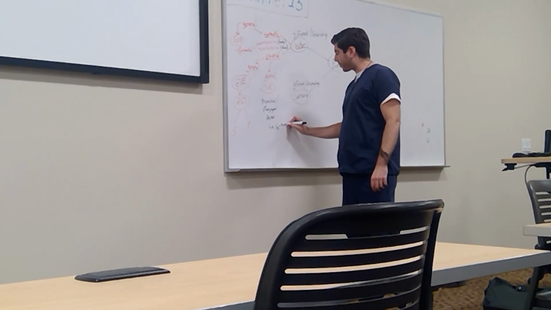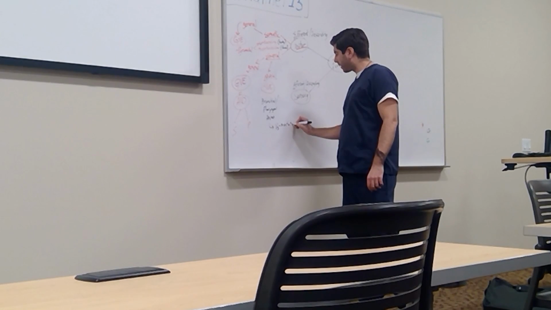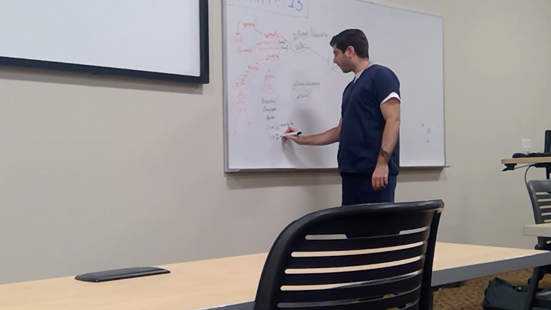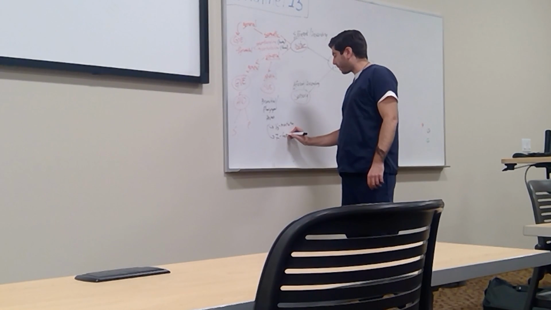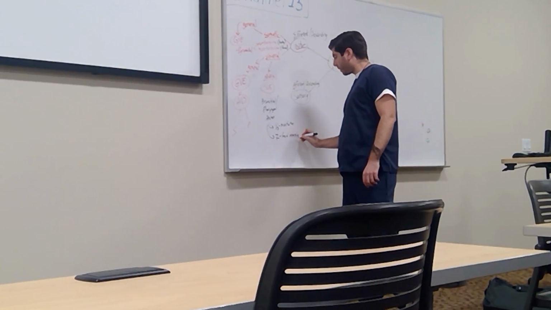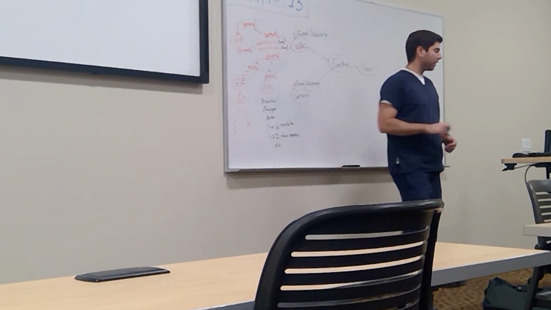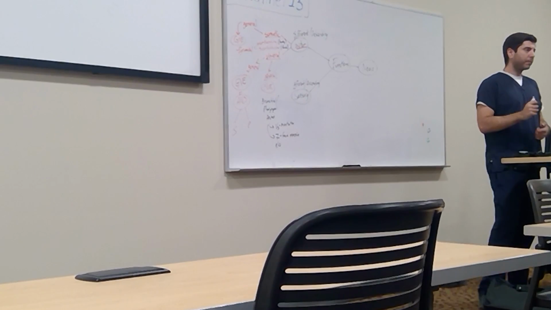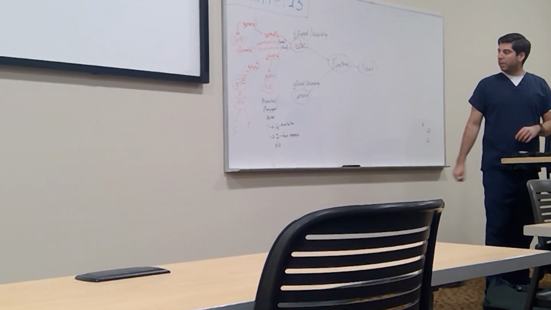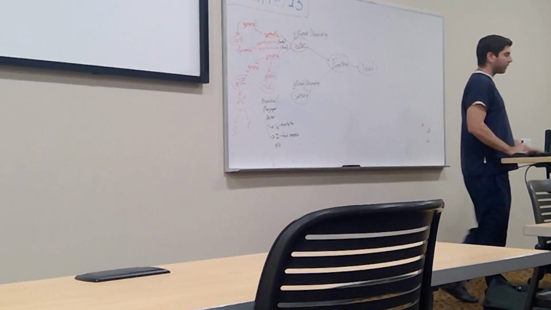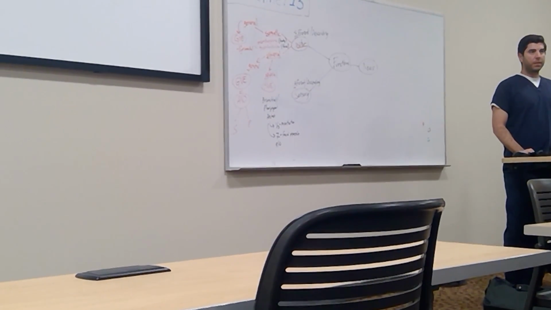V3 for mastication. 7 for facial expression. Some 9 and 10 for some palate and throat stuff. So those are all SVE functions. Anything going to the pharyngeal arches.